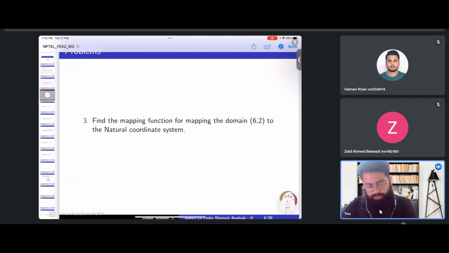So now again we have a domain. So now this domain is varying from 6 to 2. It's kind of a reverse of the previous one.